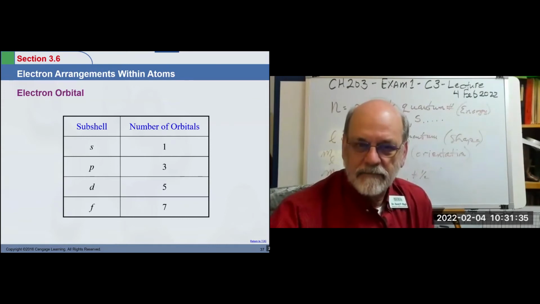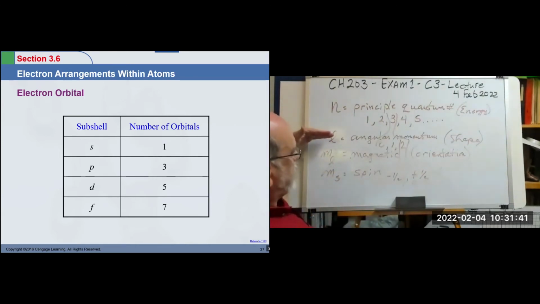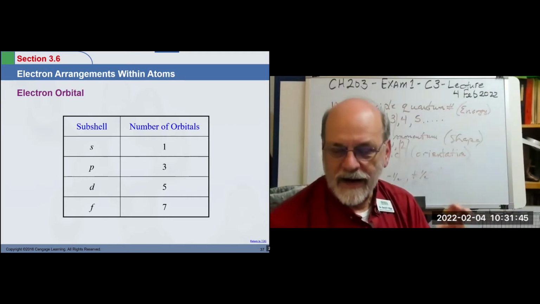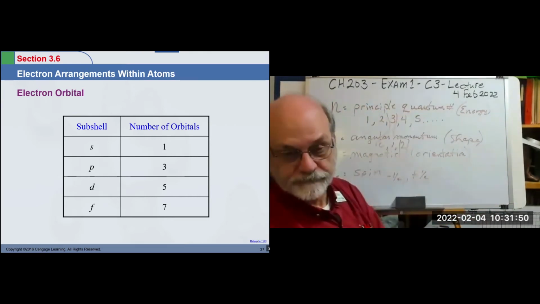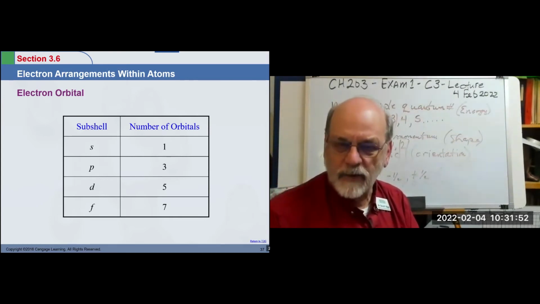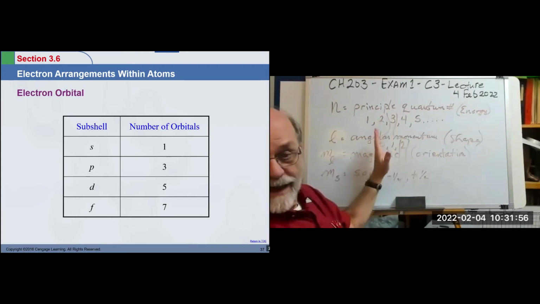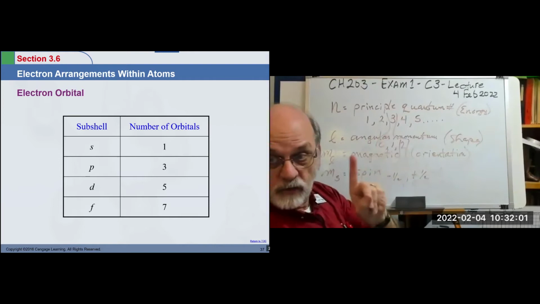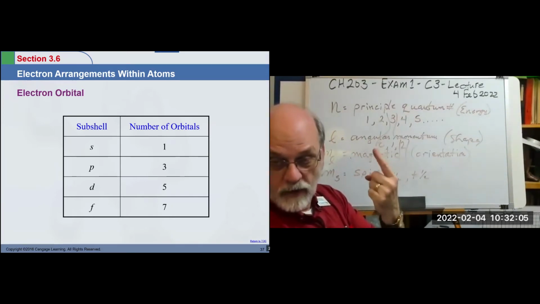let's look at the SPDF. These values here, 0, 1, 2, 3, are SPDF for the L numbers. So if you have an L number of S, how many of these can you have? Just 1, which means only 2 electrons in that one orbital.